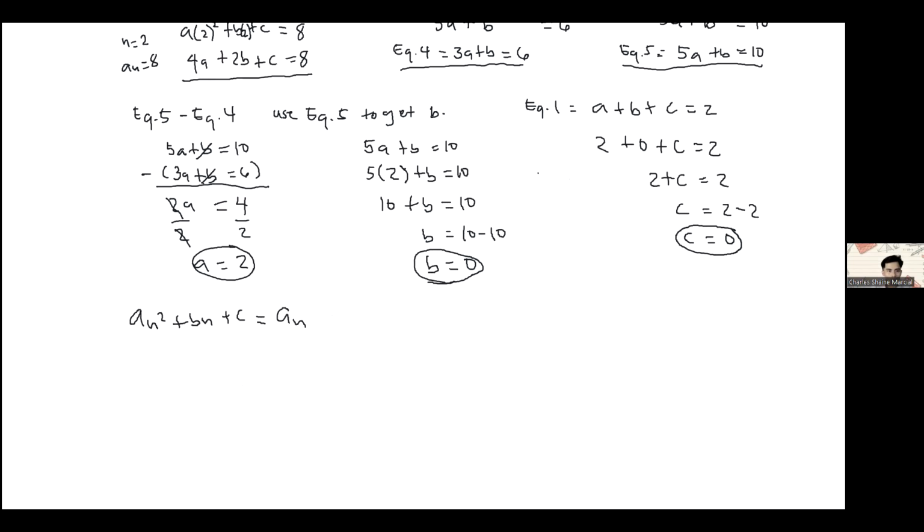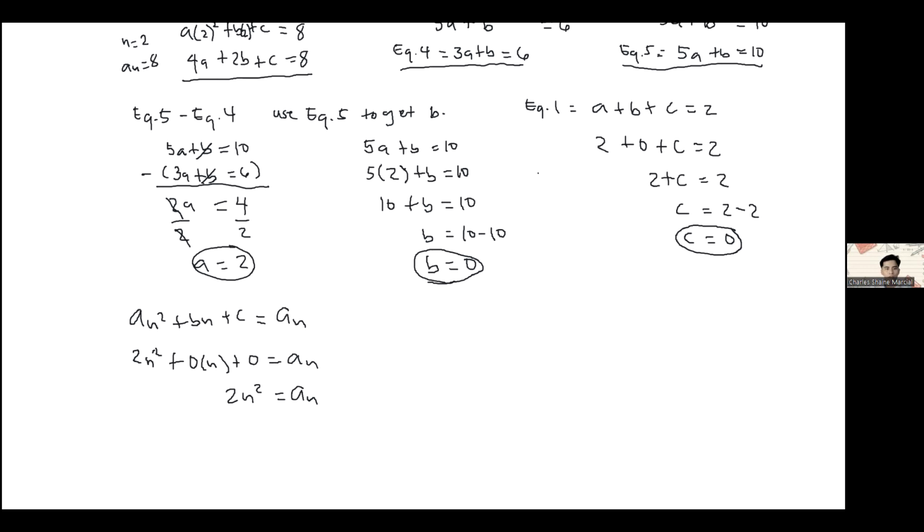Yung A is 2, N squared plus yung B is 0 times N plus 0 is equal to A sub N. Now, itong 2N squared, matitira na lang, and itong 0 times N is 0 plus 0, so matitira na lang yung 2N squared. So, ito na yung general term natin.